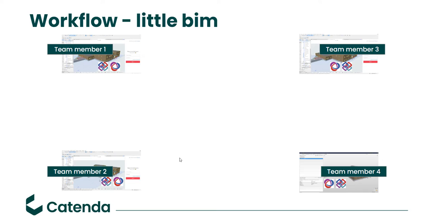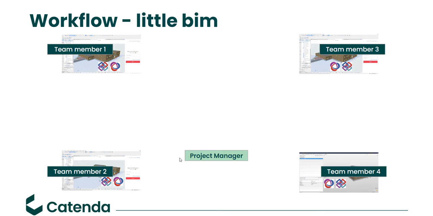These members can all use IFC and BCF to communicate with each other, which is brilliant. But what happens to the project manager, or maybe team members that don't have the skills to work in Revit, or sometimes may even be afraid to work in Revit?